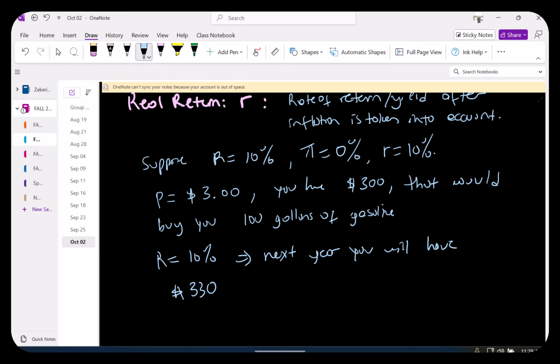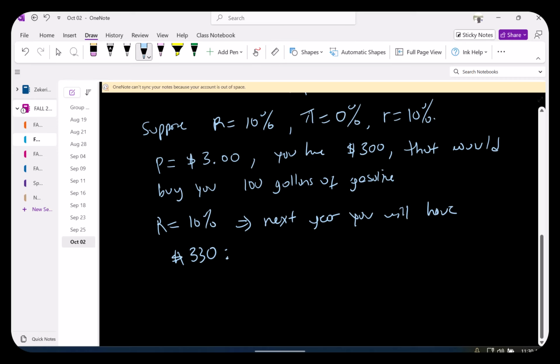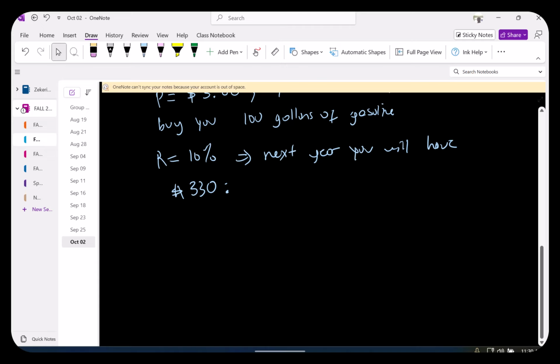And you have 10%. So next year, you will have $330, $300 of your original money, $30 in interest. Suppose this Iran-Israel thing got more serious. I don't think it will, because Iranians kind of have to do it for their internal political purposes. Israelis are going to do some sort of response, but it's going to be measured because they have snap elections coming. If you thought that this increase of activities in Lebanon is because of military reasons, you're very naive.